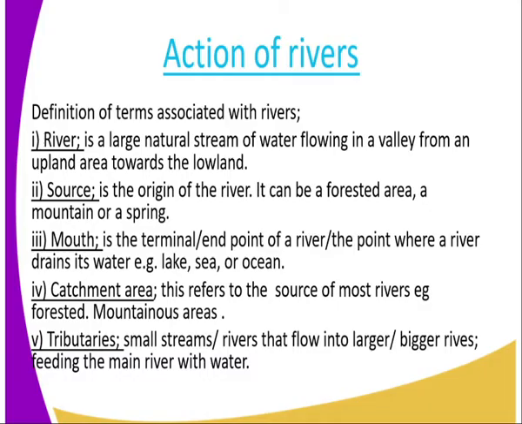For example, the tributaries of River Tana include Diba, Murubara, and Nyamindi. All these are tributaries of the Tana River. And many other rivers that we know have tributaries.